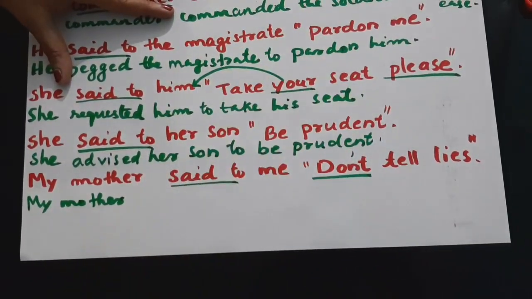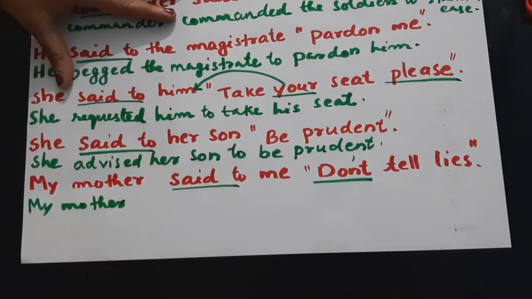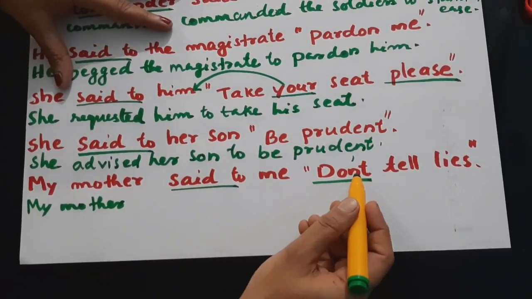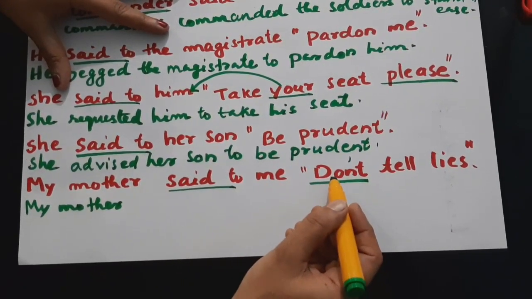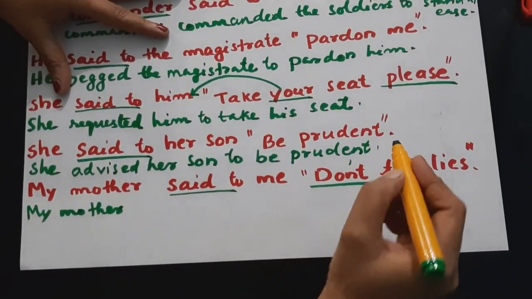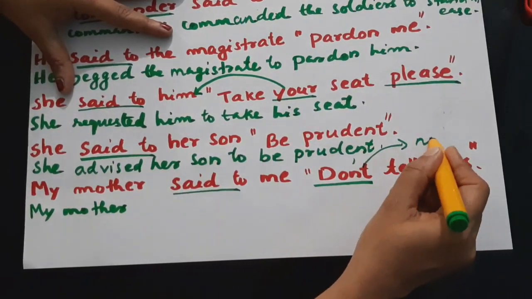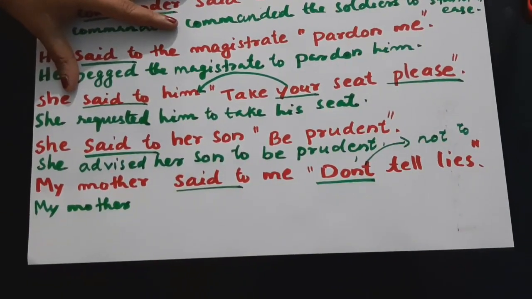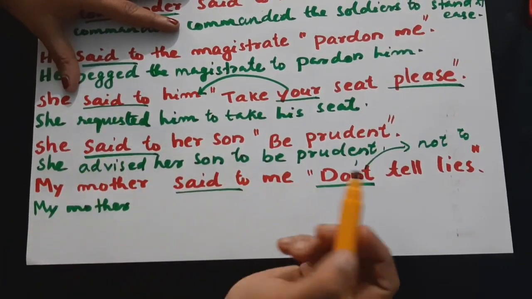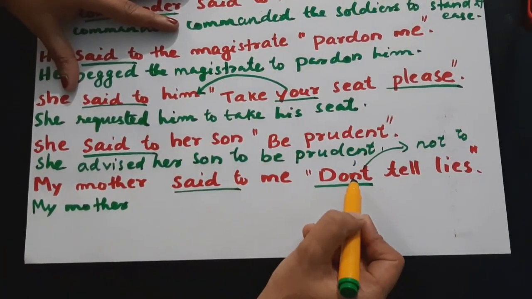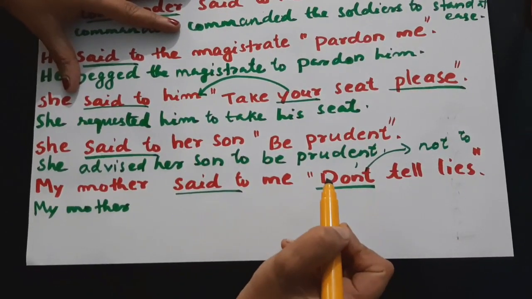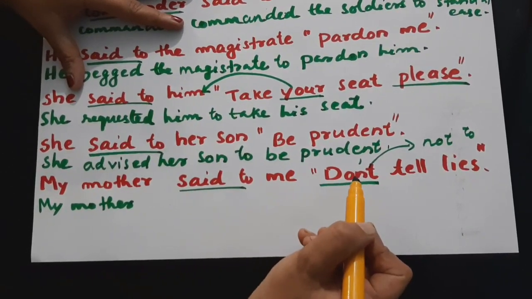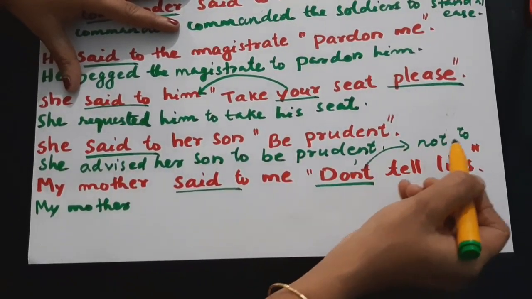All these sentences that we have discussed earlier were positive sentences. But this is a negative sentence and it starts with don't. Whenever you find don't, you have to convert this to not to. Okay, so in all the positive sentences, you have to use to before the verb. But if the sentence starts with don't, you must convert this to not to.